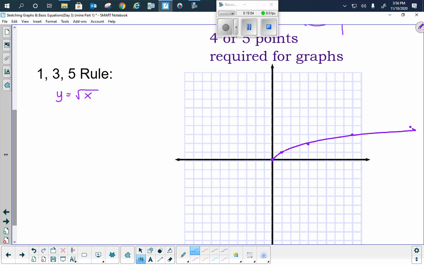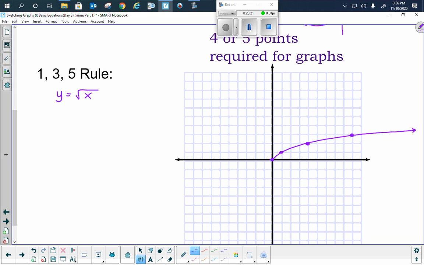Again, if it was more accurate as far as going clear out, that point would be out there. You would just put a point out there somewhere and label it (16, 4). So you would plot your four or five points. Once you've filled them in, make them nice and big, easy to see, label them, and you're set.